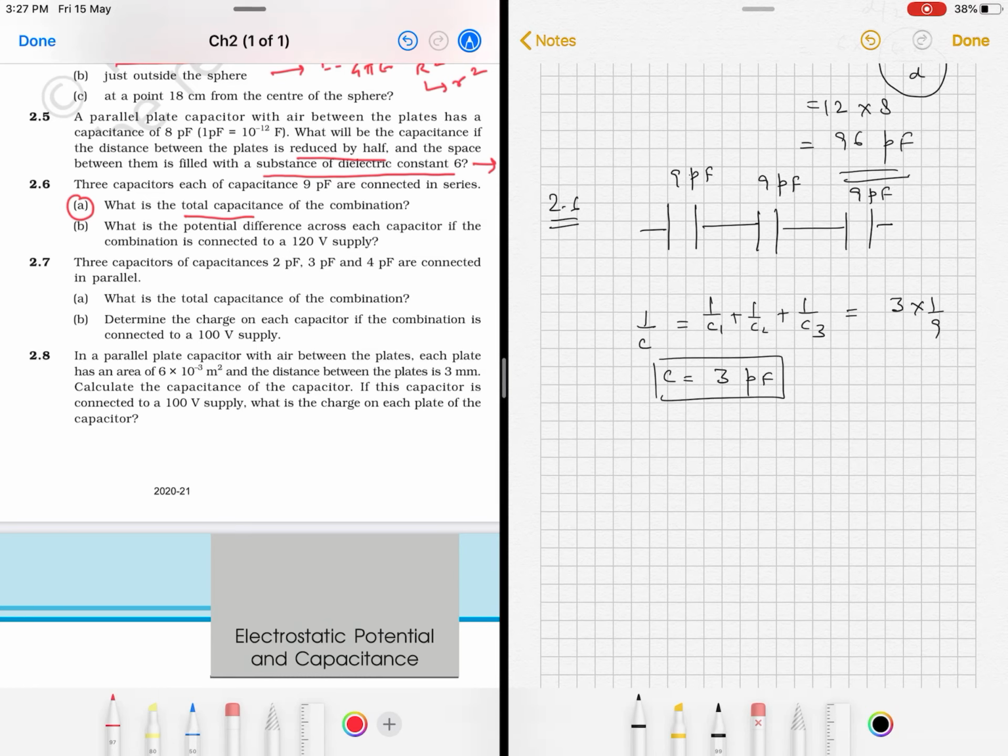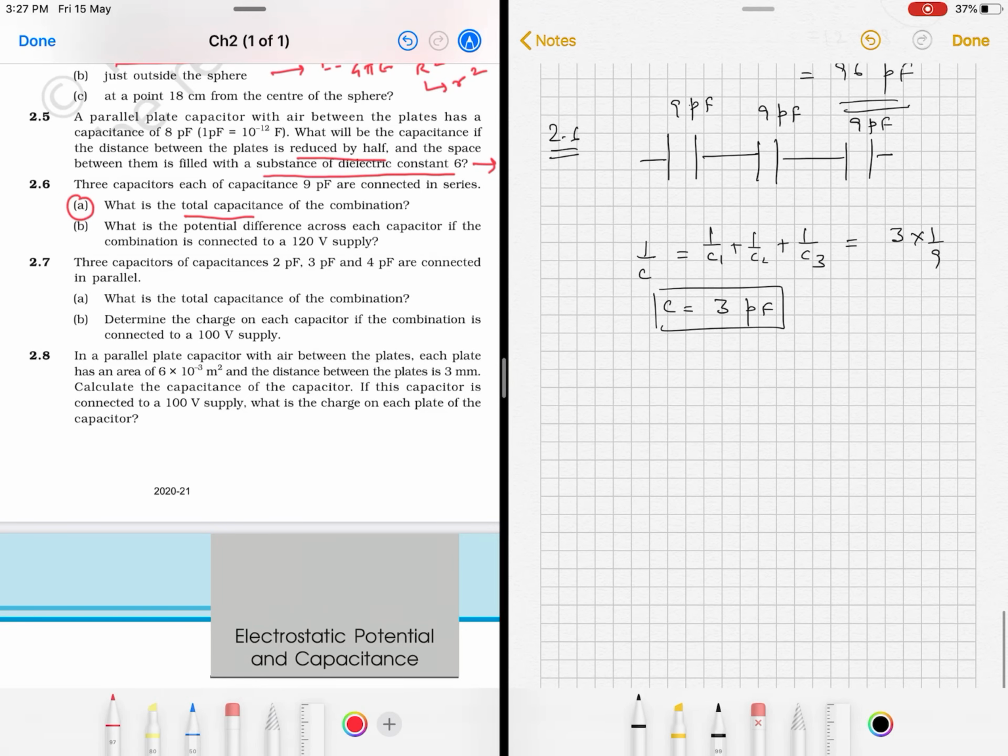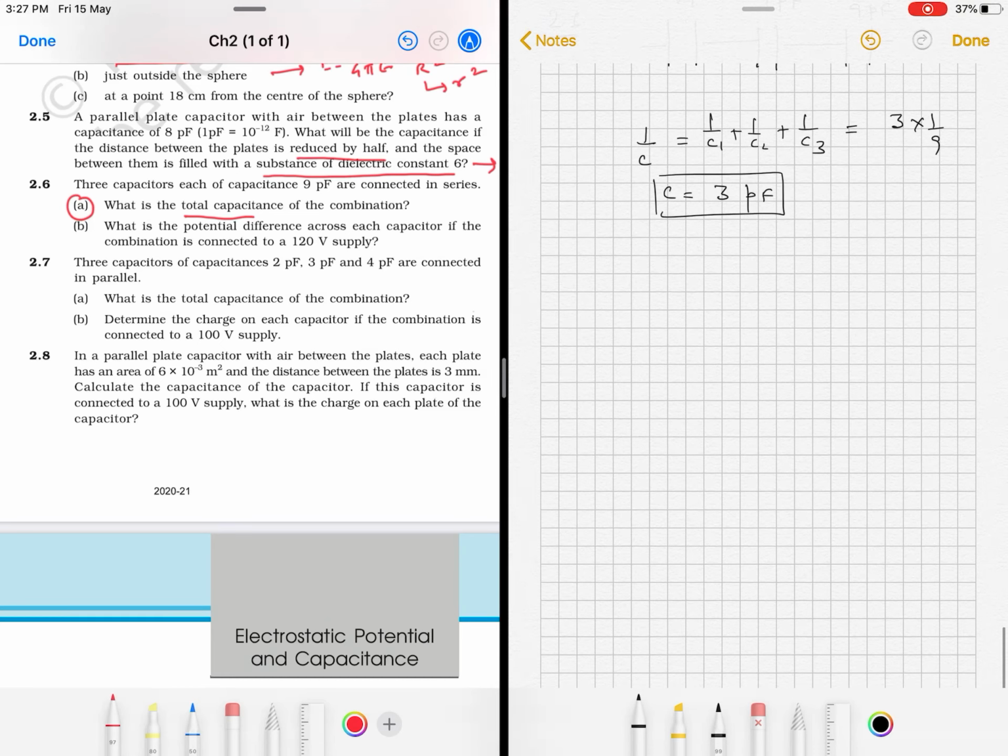This is the net capacitance of the combination. Now determine the charge on each capacitor. So what is the total capacitance? This is the answer of this question.